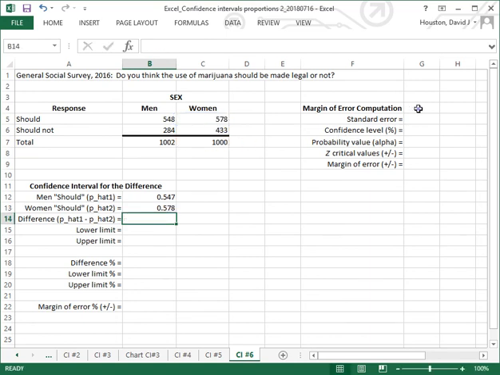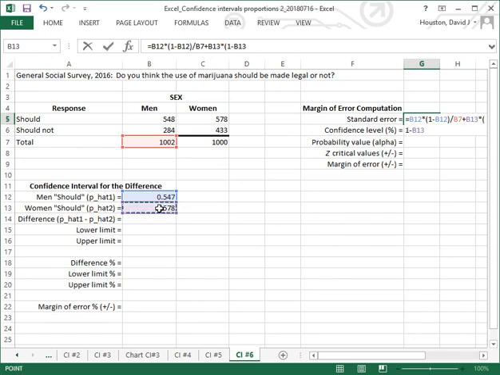Now to compute the margin of error, what I'll do is first generate the standard error, and that's going to be p hat 1 times 1 minus p hat 1, divided by the sample size for men. I will add to that p hat 2 times, in parentheses, 1 minus p hat 2, divided by the sample size for women, and for that entire formula, I will find the square root of that result.